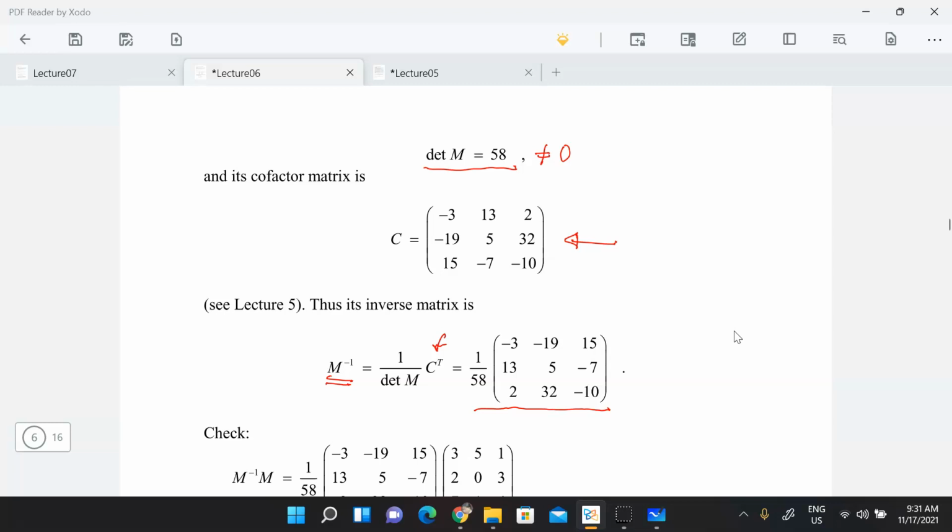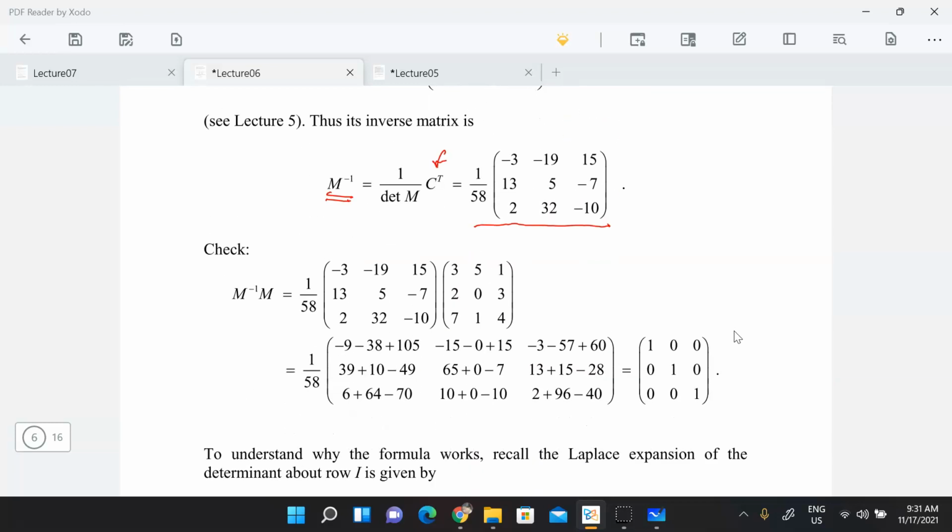If this is really M inverse, then one can just multiply these two matrices together. Here's the M inverse, here's M. See if it multiplies to give you the identity matrix.